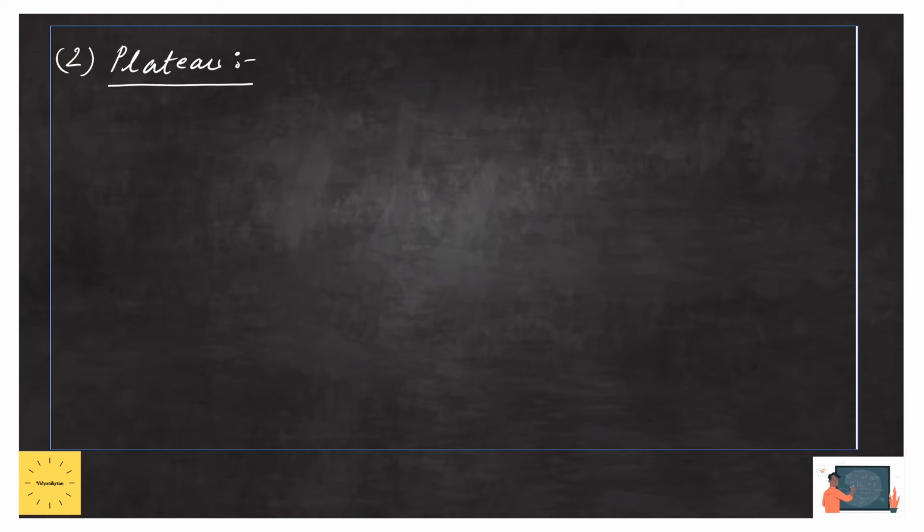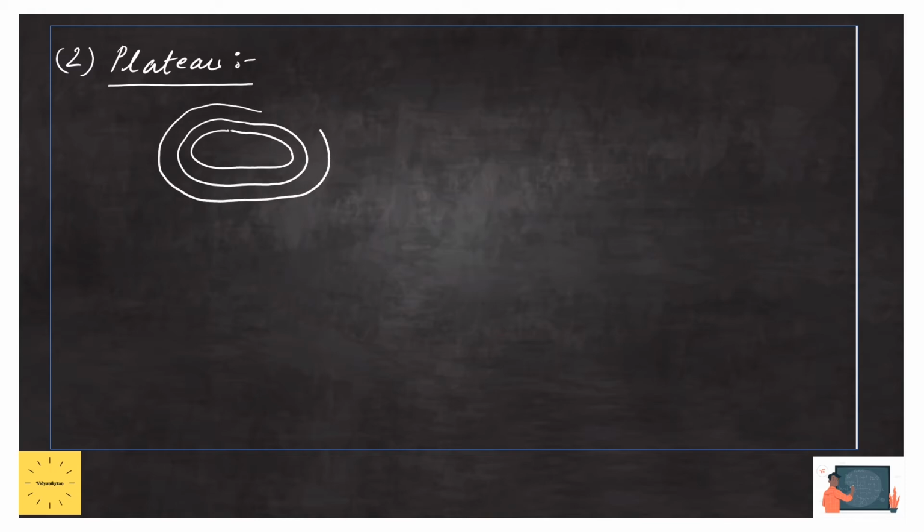In the case of plateau, the contour pattern will be little broad, like this, right? So here you can see that the middle portion of this region is widely spaced and the rest of the contours are close to each other, right?